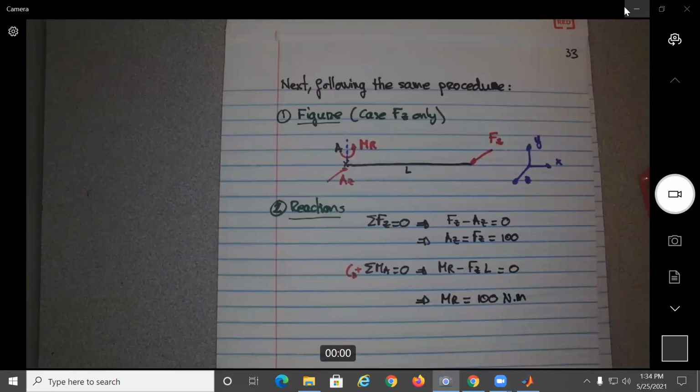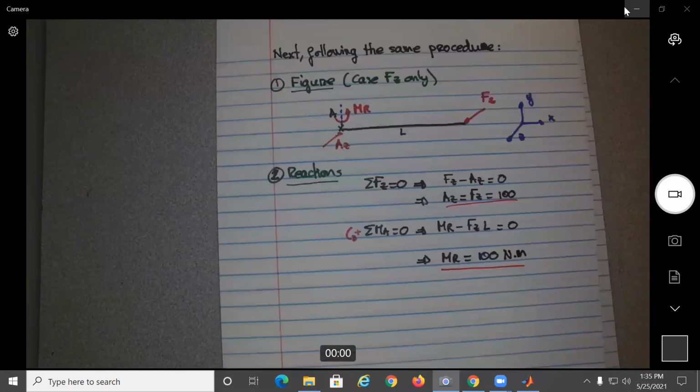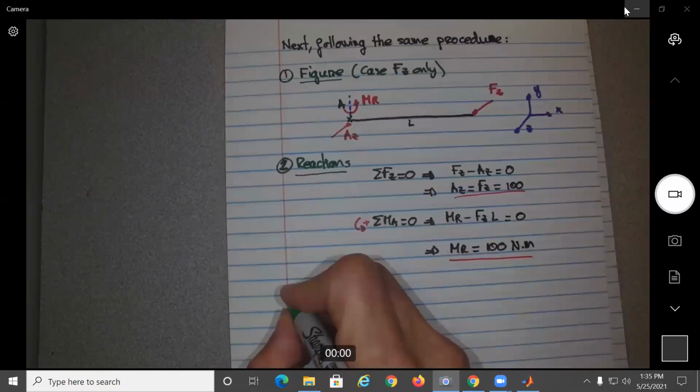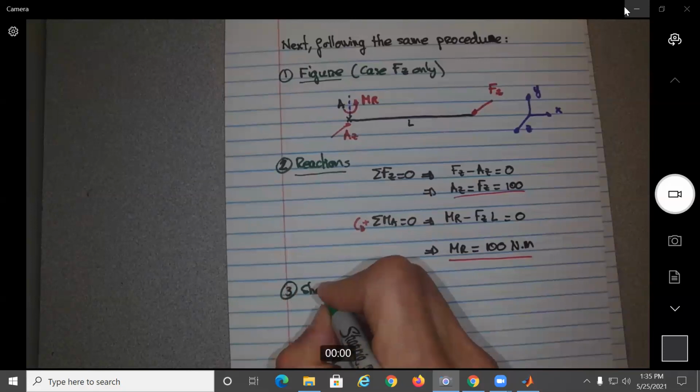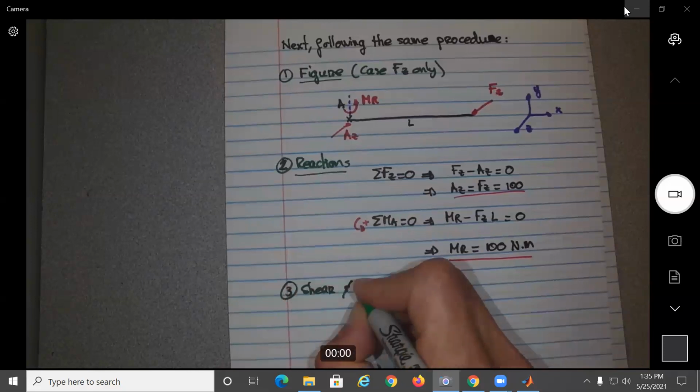And again, same as before. Three, shear and bending moment.